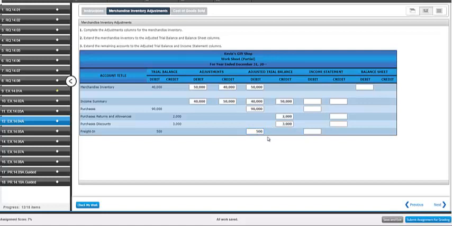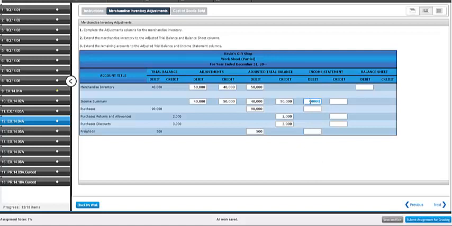Remember, all these accounts are going to be used to calculate cost of goods sold. Now on our worksheet, we will take our adjusted trial balance figures and bring them over to the income statement and balance sheet. So we start with the income summary, and from income summary down, all those accounts go on the income statement.